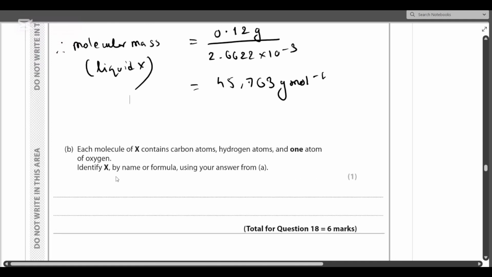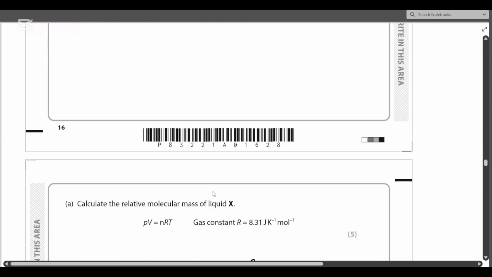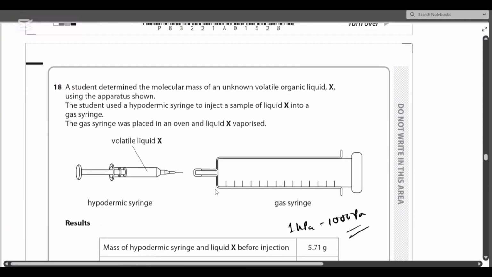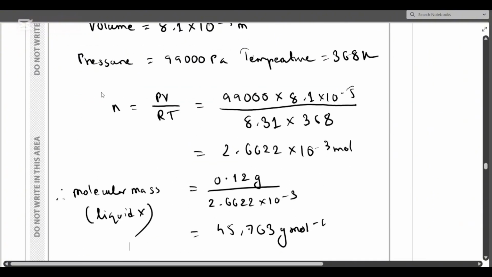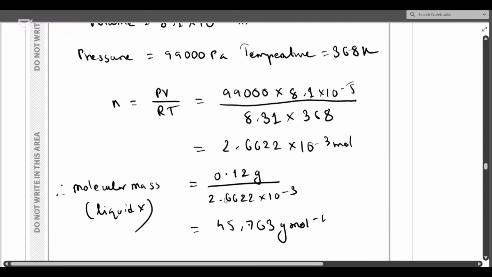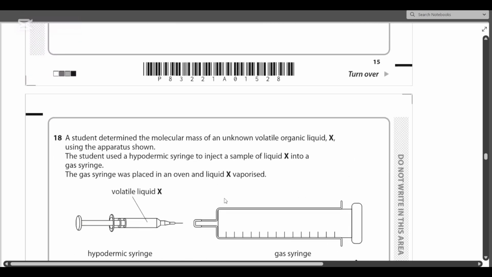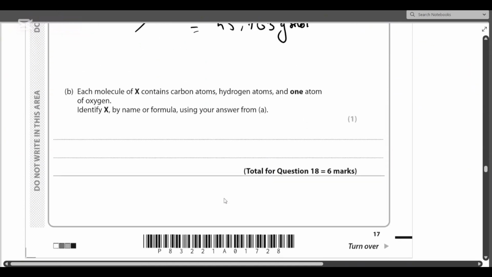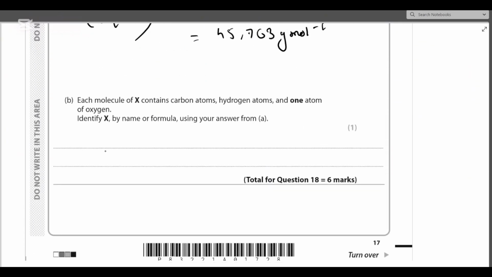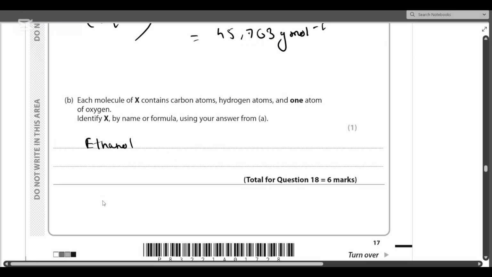So by checking out everything, the only possible answer we can say is ethanol. Because when you find the molecular mass, it corresponds to the calculated value above down here. So ethanol is the correct identification of X.